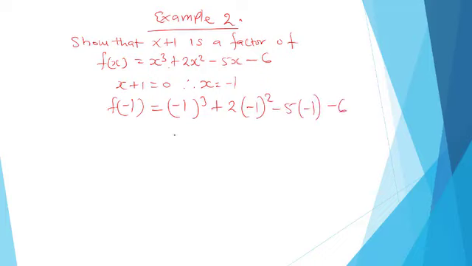So (minus 1)^3 is still minus 1. Then plus 2 times (minus 1)^2, which is 1 times 2, is 2. Minus 5 times minus 1 is plus 5. Then we have minus 6. Now let's add: minus 1 plus 2 is 1, 1 plus 5 is 6, 6 minus 6 is 0.